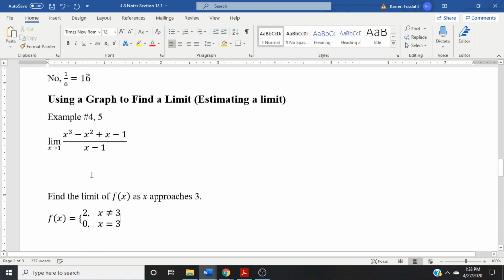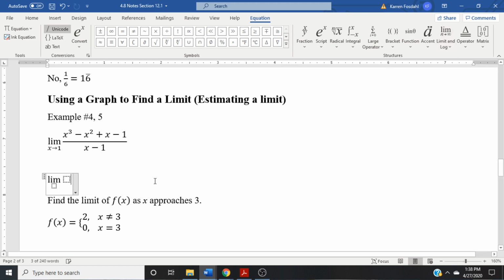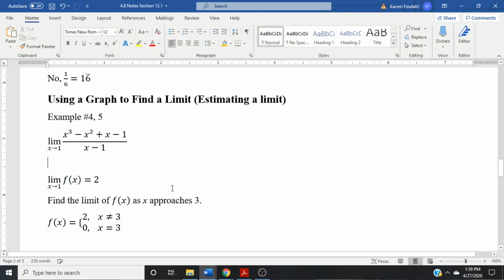Same thing over here. The limit as x approaches 1 of f of x, we will get f of x equals 2.